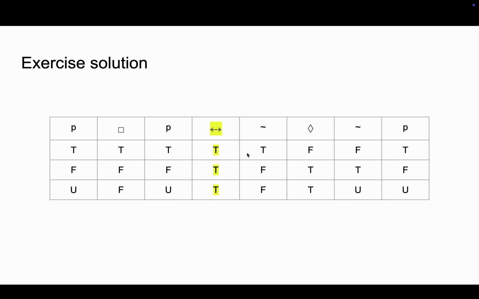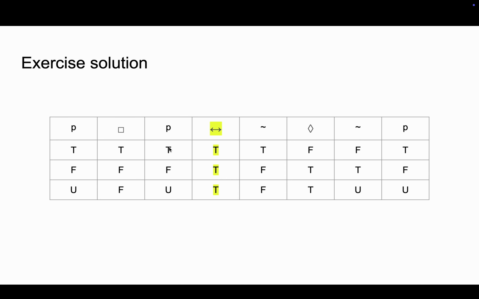This is my way of representing truth tables. Basically, when I have the variable, in this case it's only P, I permutate all possible truth values of the variable. P can be T or F or U, and then I put the whole statement down: necessary that P is equivalent to saying that it is not possible that it is not P. And for each symbol, I will first copy the given truth values for P here.